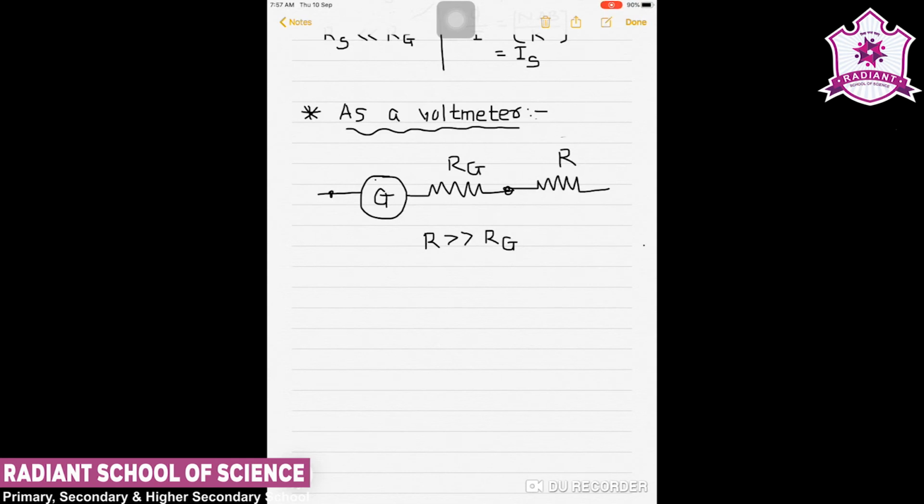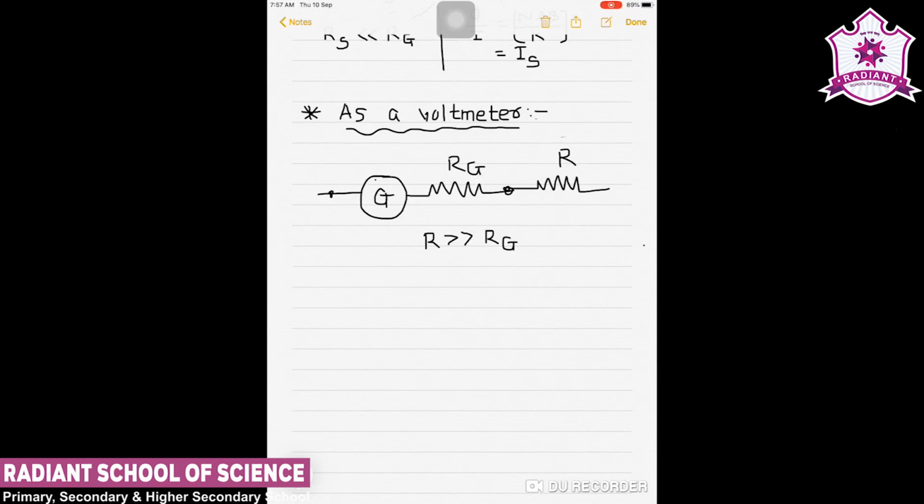It is as shown in the figure above. The galvanometer can be converted into a voltmeter to measure the voltage across a given section of the circuit. For this, it must be connected in parallel, because we know that voltage is constant for a parallel connection. So we have to connect it in a parallel section of the circuit.